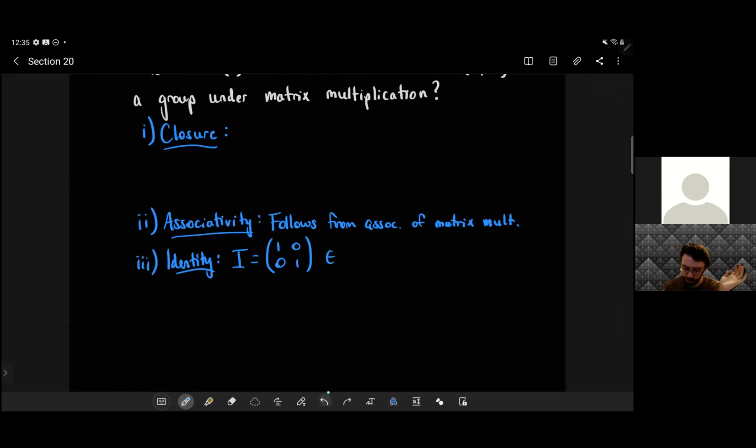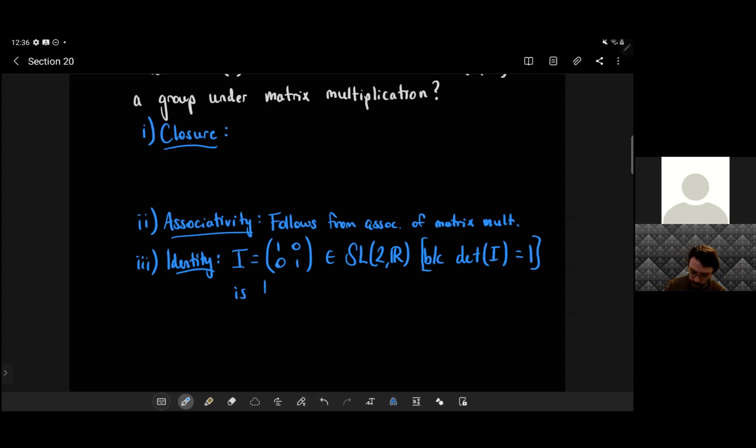Sorry, I wrote P2 because I'm thinking of the previous problem. Yes, it's a 2x2 matrix. It has real valued entries, and it has determinant 1, certainly. It's the prototypical example of a matrix with determinant 1.